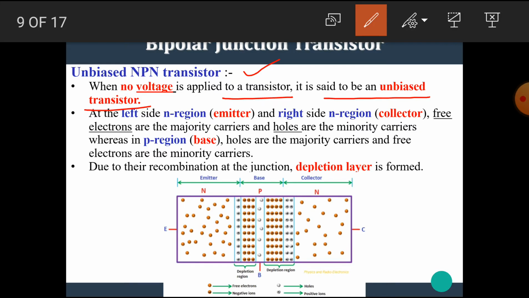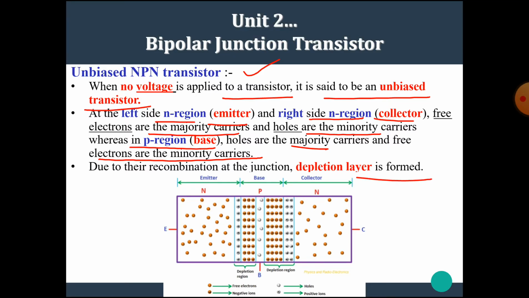At the left side, the N region, emitter, and the right side, the N region, collector, free electrons are the majority charge carriers and holes are the minority charge carriers. While in the P region, or the base, holes are the majority charge carriers and free electrons are the minority charge carriers. Due to their recombination at the junction, a depletion layer is formed.